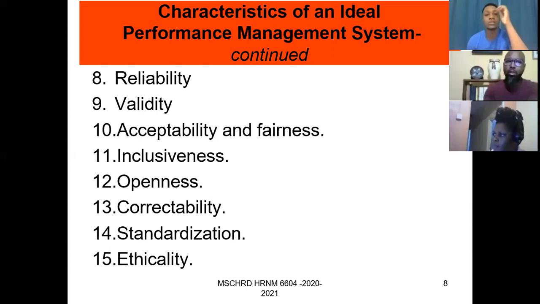This is why, for correctability, there should be an appeals process in place, because the employee's signature is not to signify that the person agrees with the appraisal. It's only supposed to signify that the appraisal was carried out, and it has to be signed. In some cases, the system might have what is called a reviewer as well.